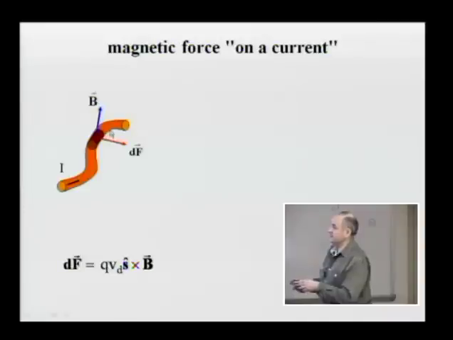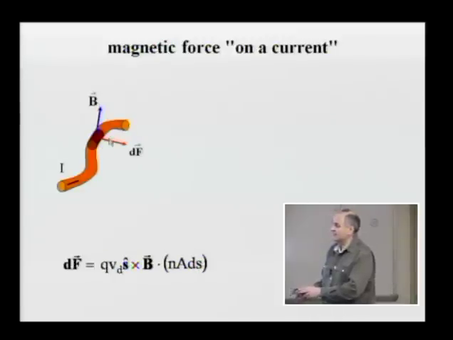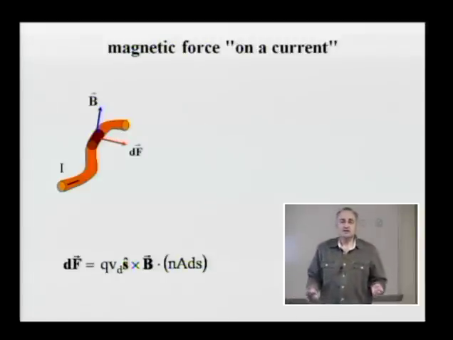Now the force is on the segment, so I have to multiply it by the number of charge carriers in the segment. Well, that quantity depends on the volume of that piece. So I wrote it as the cross-sectional area of the wire multiplied by the length of this wire, multiplied by the concentration of charge carriers. Let me remind you that concentration is a number which says how many charge carriers we have per unit volume.